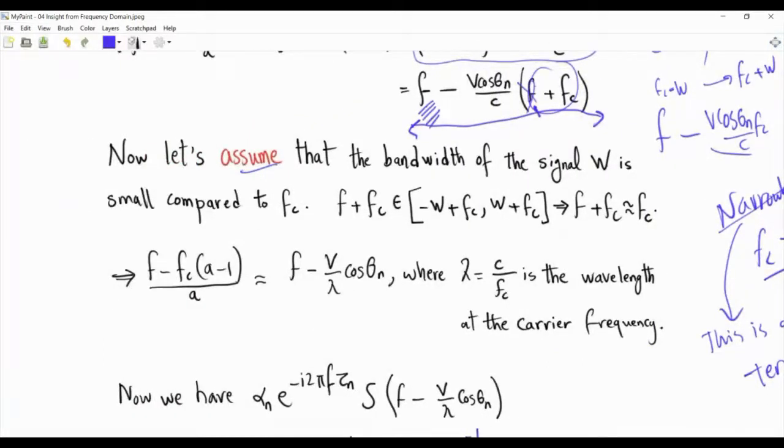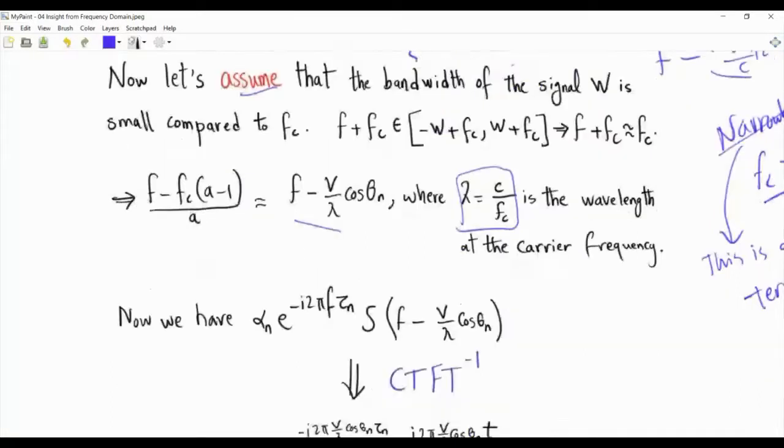So you can eliminate this F, and here I used lambda as C over FC, where lambda is the wavelength of transmission evaluated at the carrier frequency. So lambda just takes these two constants C and FC, and C over FC is lambda, the wavelength at the carrier frequency.